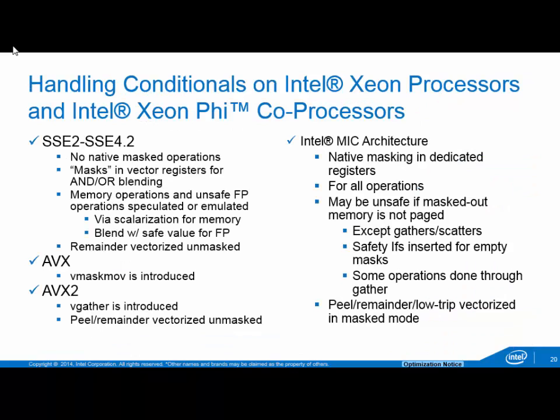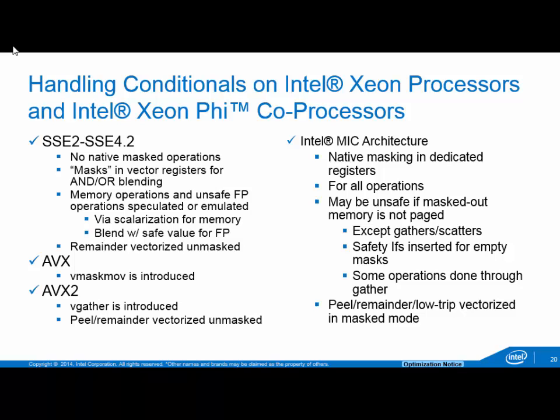Okay. So if you look at all those architecture involvements, we started with SSE, SSE2. At that time, the architecture didn't have hardware masking support. So essentially, we had to emulate the masking behavior through serialized code or use blending. AVX is the first architecture where we introduced masked moves, basically memory load and store.